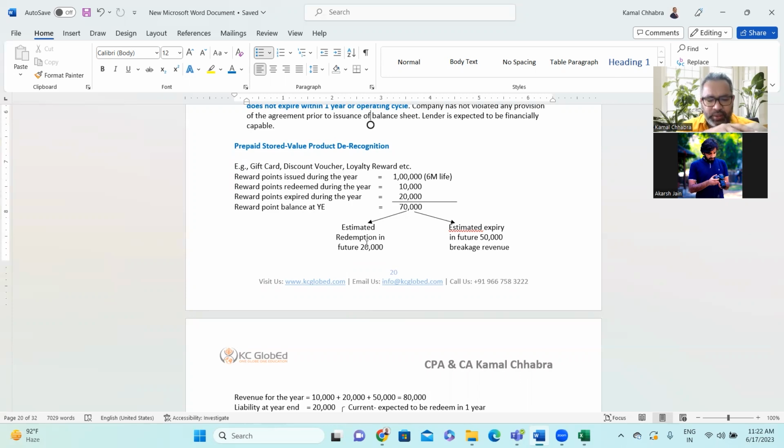Okay, so here I have added an illustration to explain the same concept again. For example, a gift card company, a discount voucher company, or a loyalty reward company. Let's assume you have issued the reward. For example, you have a debit card or credit card. What kind of points do you receive?